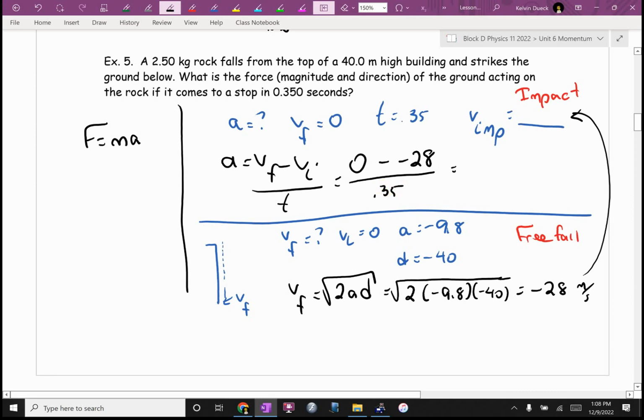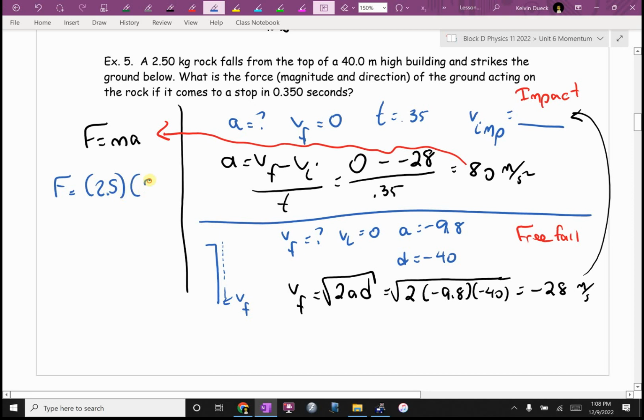I think this will work out nicely. 80. And now I can walk this over to there. Whew! F equals 2.5 times 80. 200 even?